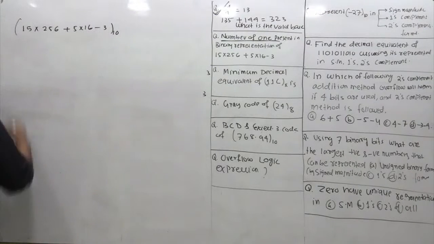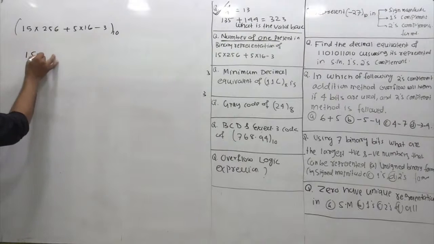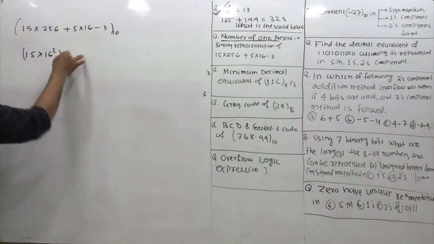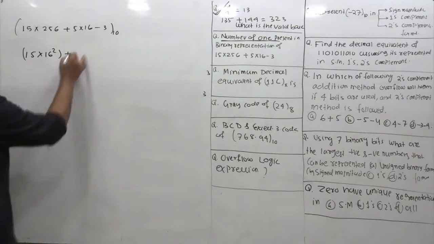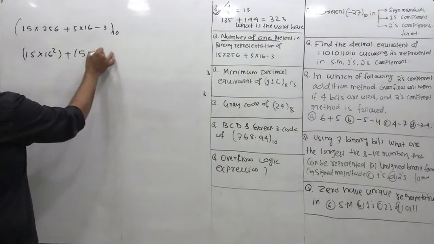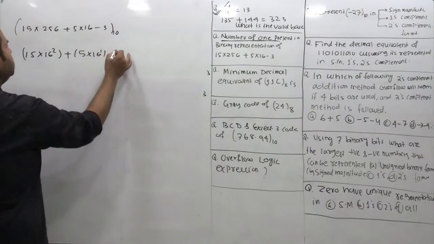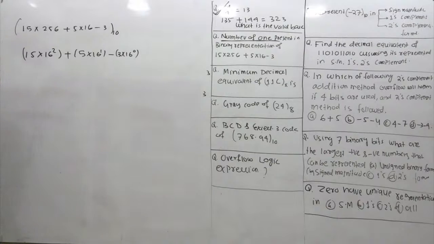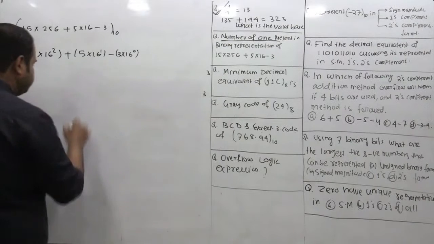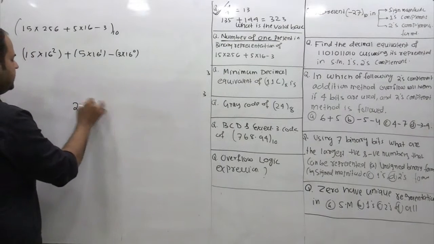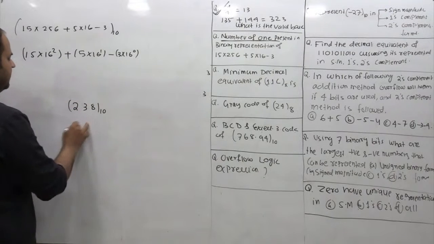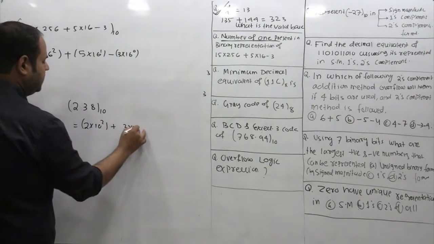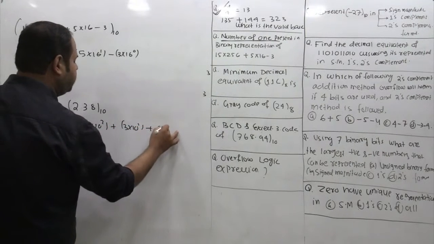I can write this expression as 15 into 16 square, because 16 square is 256, plus 5 into 16 power 1 minus 3 into 16 power 0. Suppose you write 238 in base 10, this is equivalent to 2 into 10 square plus 3 into 10 power 1 plus 8 into 10 power 0.